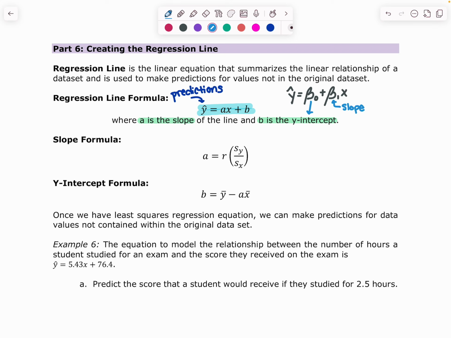That's an alternative way that you could see this. We can flip-flop where the AX and the B are at any point. Same with the B0 and the B1. The important thing to remember is that the slope is always the number being multiplied by the X. And the y-intercept is always the number by itself.